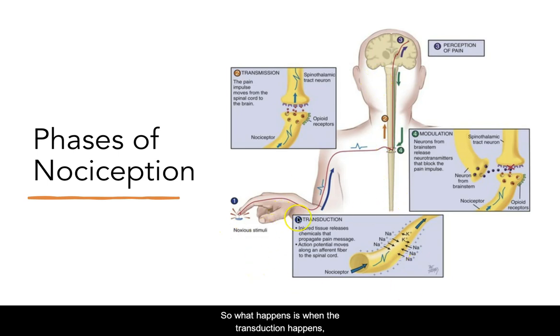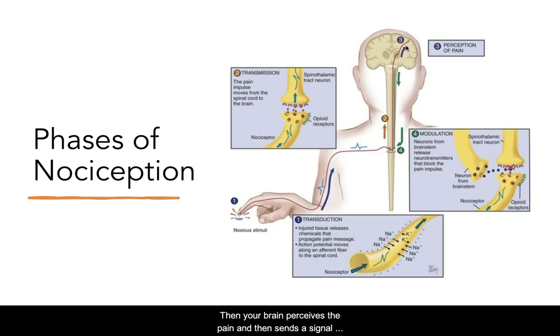So when the transduction happens, this action potential, the pain transmission, moves along those fibers in the spinal cord, and once it gets to the spinal cord, it goes up the ascending pathway to the brain, where the pain is perceived.